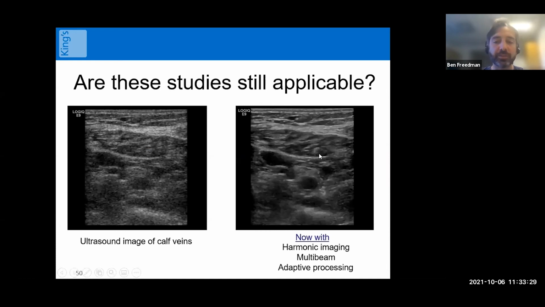This is the exact same image, but with all the modern additions that modern ultrasound scanners have. We have newer technologies which improve the image quality, and I don't think we could argue that this is not a superior image to this. And so I think the sensitivity studies, if they were done again now, would have much higher sensitivity for below-knee DVT.